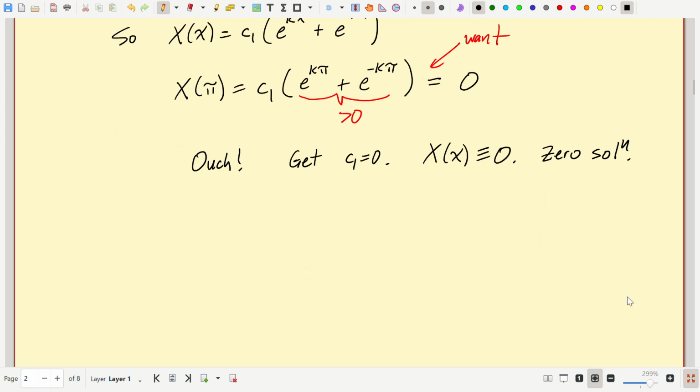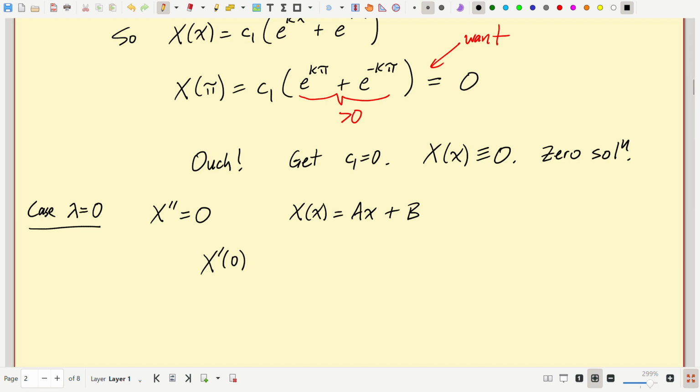Then let's see, the lambda equals 0 case. Then the equation would be X double prime equals 0. That's an easy one. You just integrate it twice and get X of x is ax plus b. Well, X prime of 0 would be a, and I want that to equal 0. So a is 0, and that means that X of x is just b.